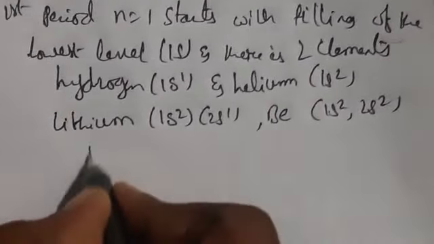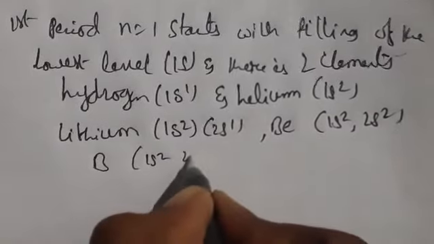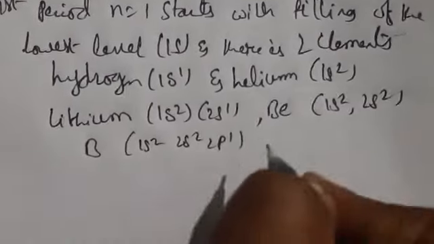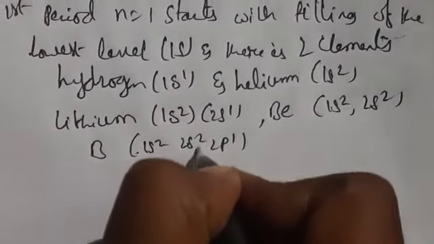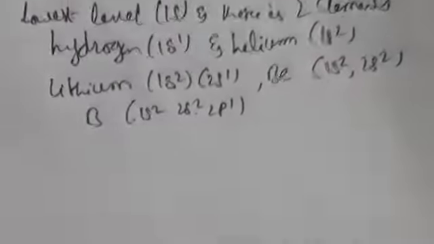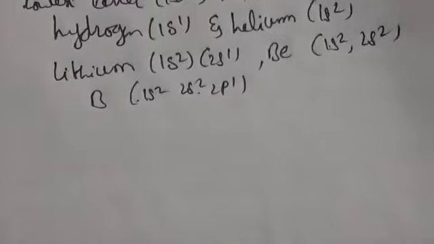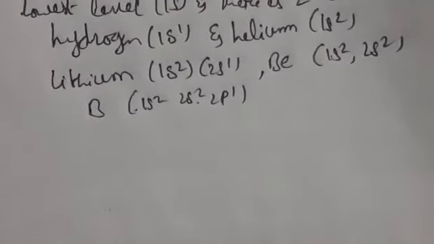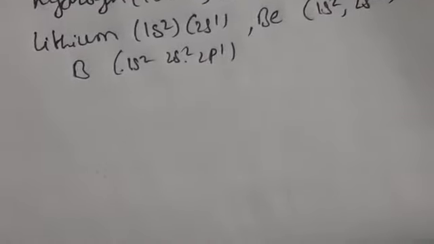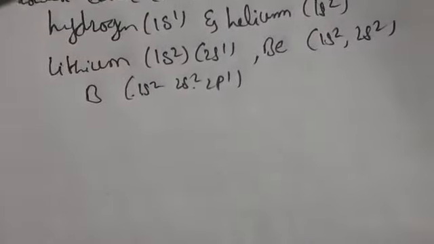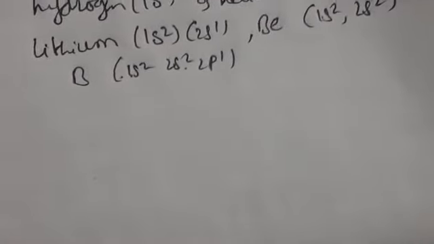So boron is 1s2, 2s2, 2p1. The electron enters a p orbital, and the L shell is completed at neon. By this, there are 8 elements in the second period.